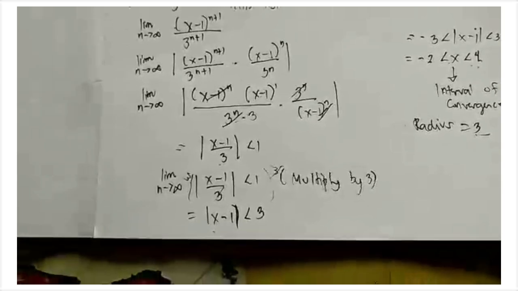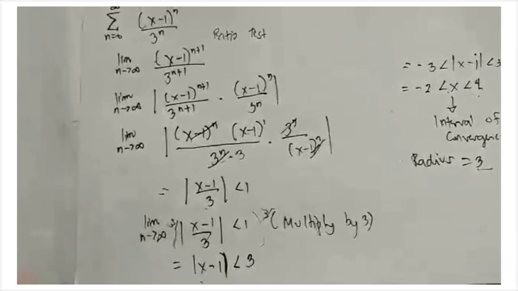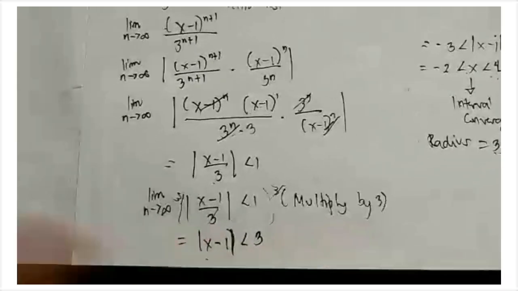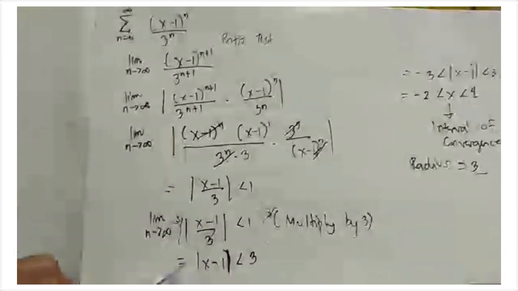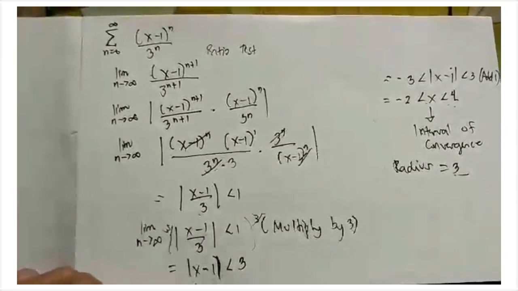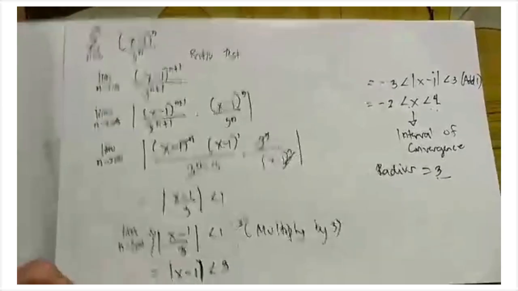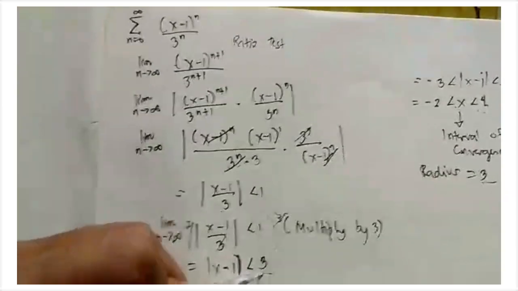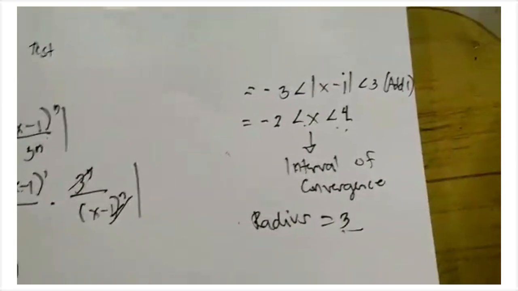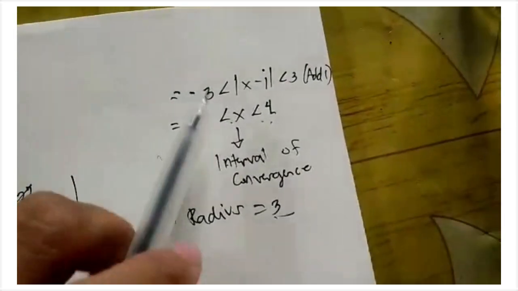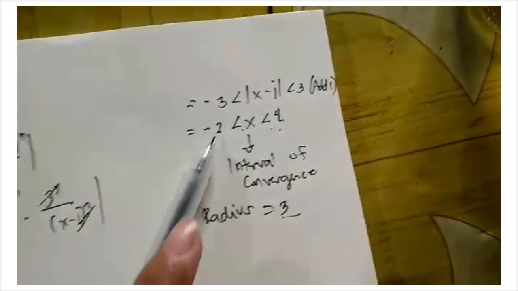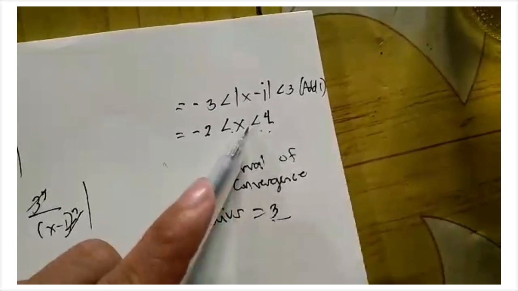So, since it is less than 1, we are going to multiply by 3 to cancel this out, so we will get the absolute value of x minus 1 less than 3, which is our radius. And then next, we will add 1 to get the interval of convergence. So, adding 1, we get negative 2, and then 4.